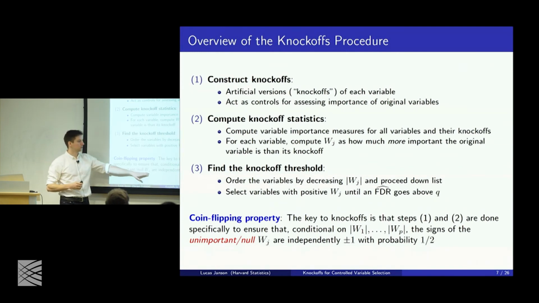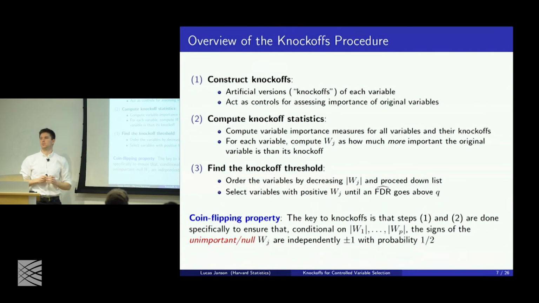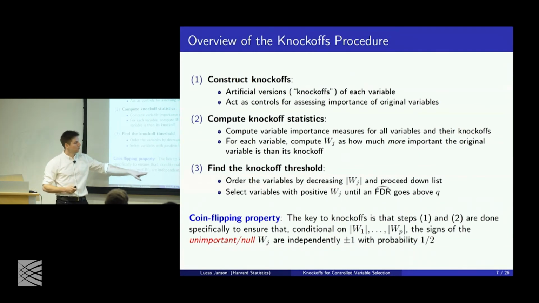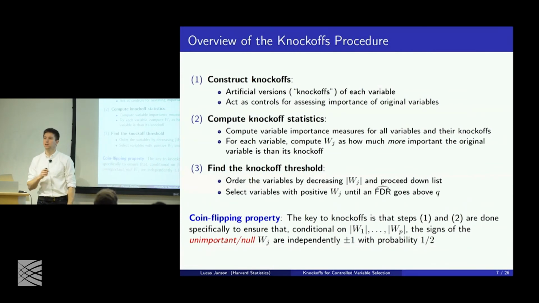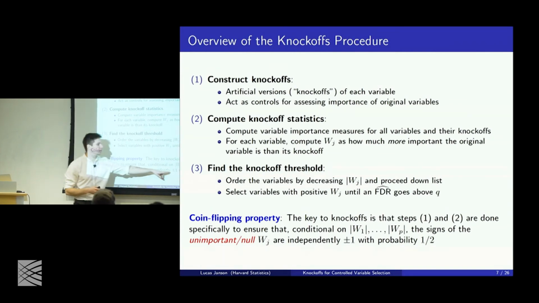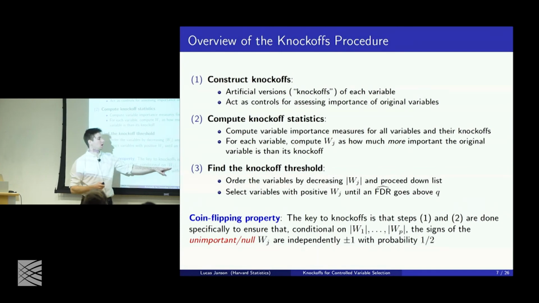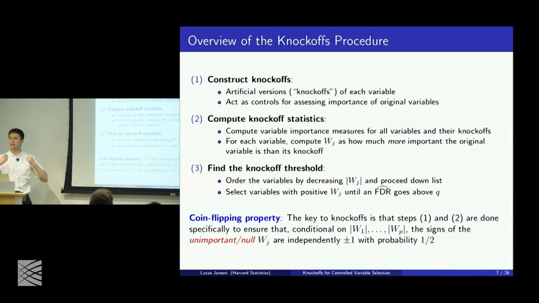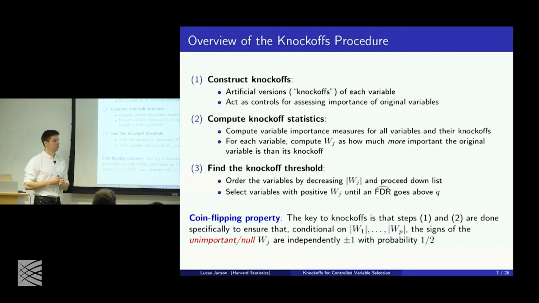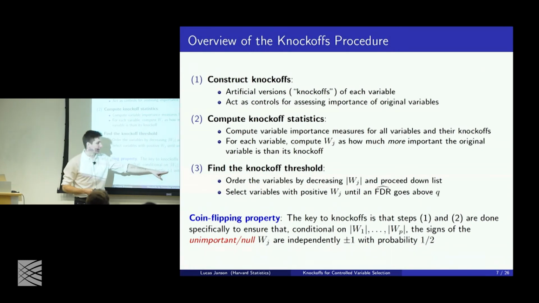So it has some distribution that we know under the null, and that's the purpose that these WJs are going to serve. For the null WJs, we know that their signs are coin flips. And in fact, they're independent coin flips. And they're independent coin flips even after I condition on the absolute values, which is how I'm going to order the variables. And so it's this really, really strong null distribution property that I'm getting out.